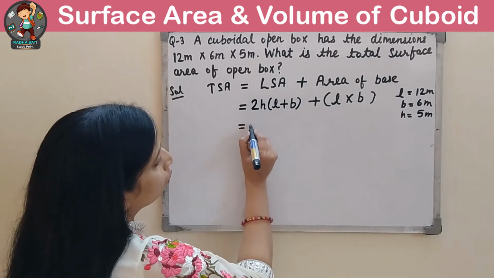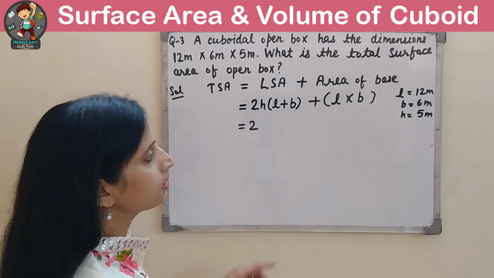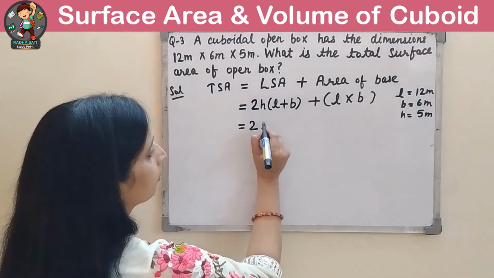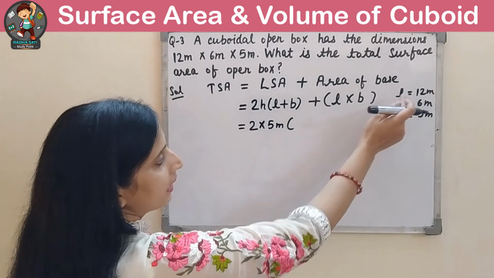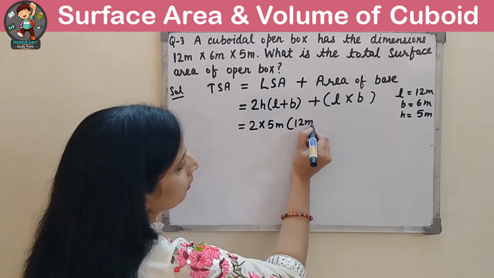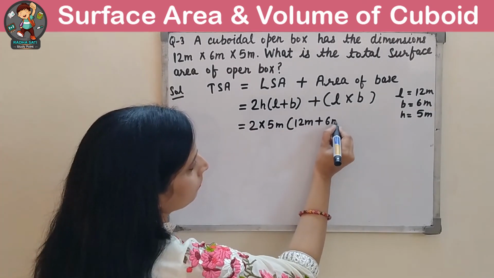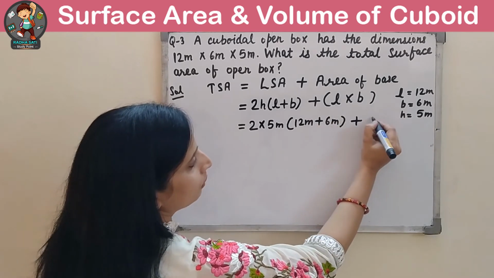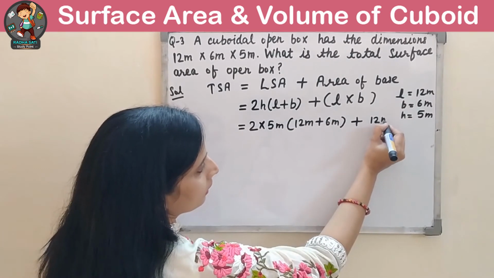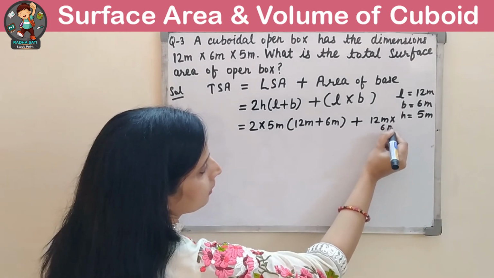Now 2, H is 5 meter here, multiplied by 5 meter. L is 12 meter plus B is 6 meter plus L into B. That is 12 meter multiplied by 6 meter.